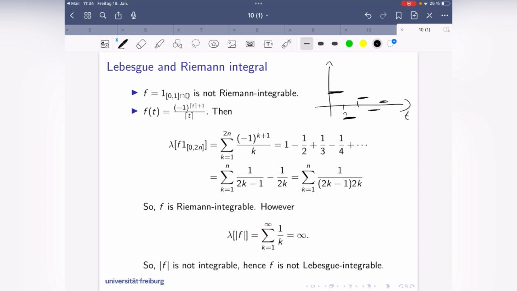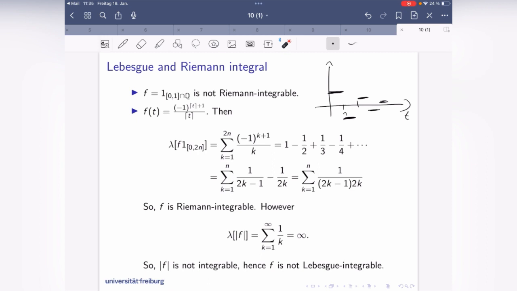Of course, the absolute value of this is 1 over t, which is not integrable. And that's the reason why this f is not Lebesgue integrable, because the Lebesgue integral can only be defined for functions where also the absolute value is integrable, and that's not the case here.